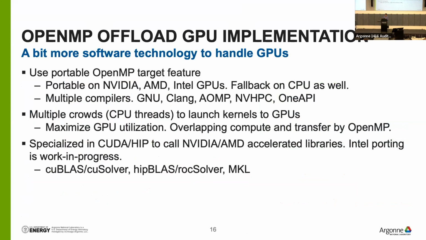So a bit more about GPU porting in QMCPACK. What we did was to use mostly the OpenMP target feature to offload to GPUs. It seems to work pretty well for QMCPACK. For a long time we questioned whether the compiler runtime had matured. But in the recent year, most of the bugs I hit and blamed on the compiler ended up being my own problem.